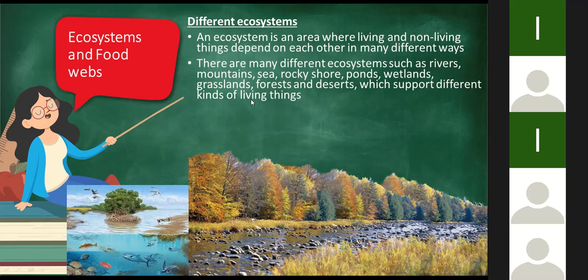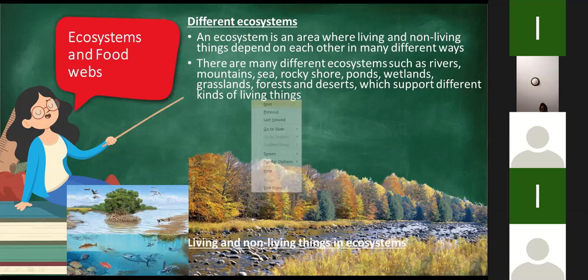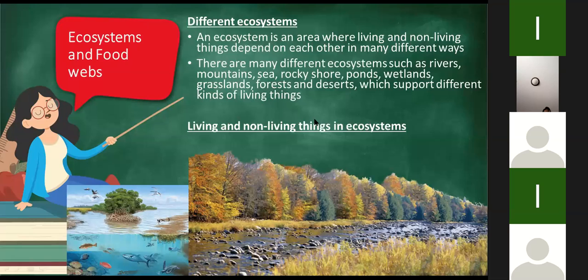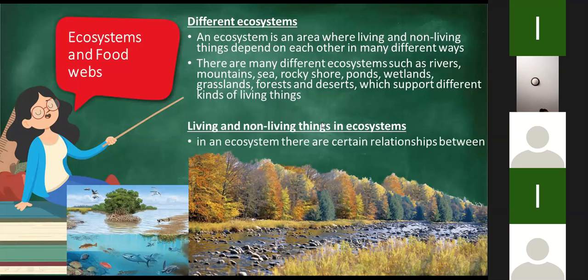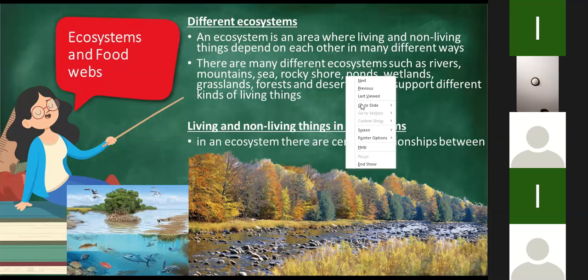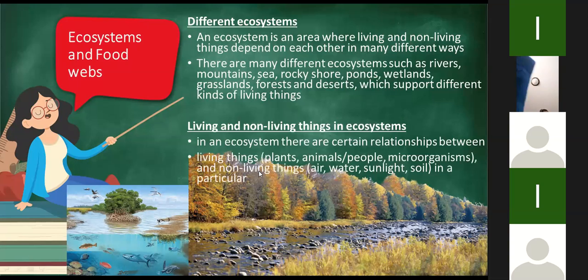Right, so we all depend on each other in terms of the ecosystem because all living and non-living things are part of one ecosystem and we all depend on each other for survival. There are certain relationships between living things, such as plants, animals, people, microorganisms, and non-living things.